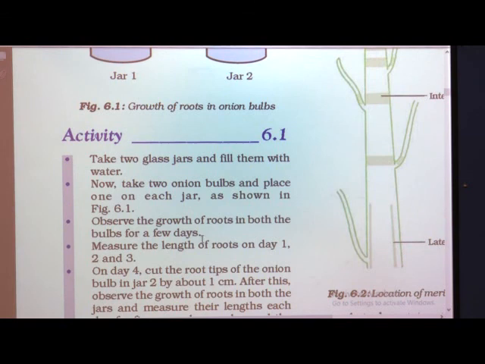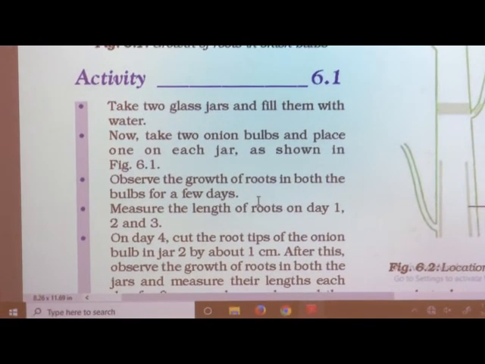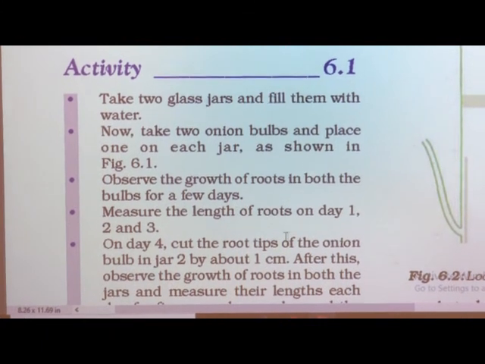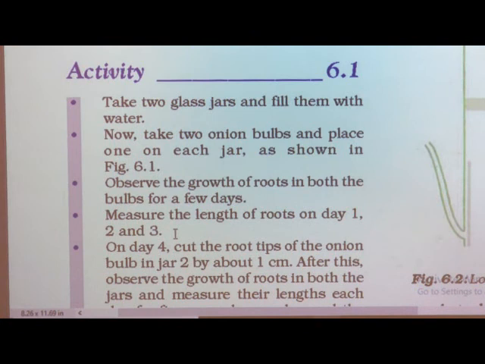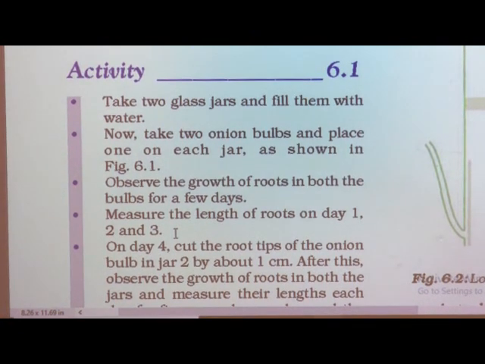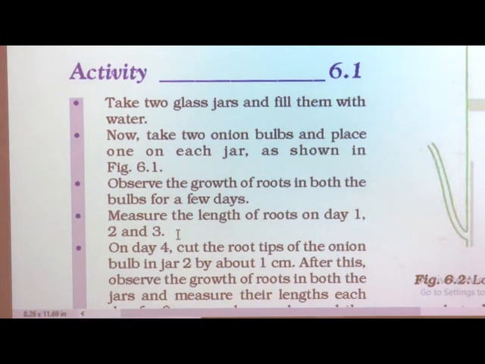Now, observe the growth of roots in both the bulbs for a few days. Measure the length of roots on day 1, day 2, day 3. So, for 3 days you have to observe the length of roots grown in both the jars. On day 4, cut the root tips of the onion bulb in jar 2 by about 1 centimeter.